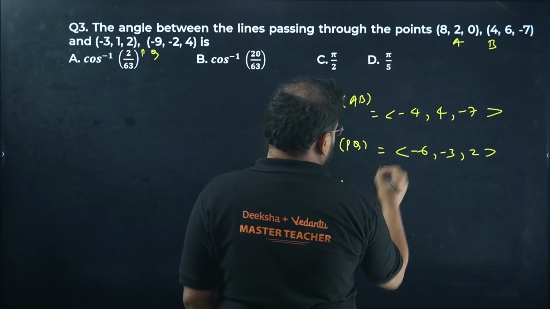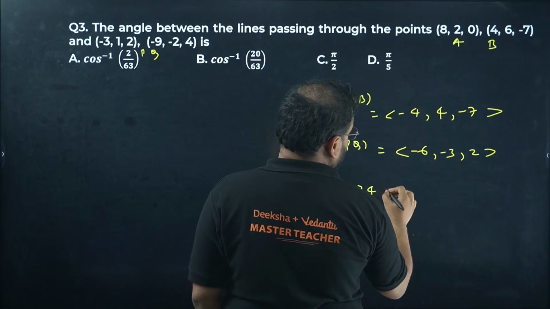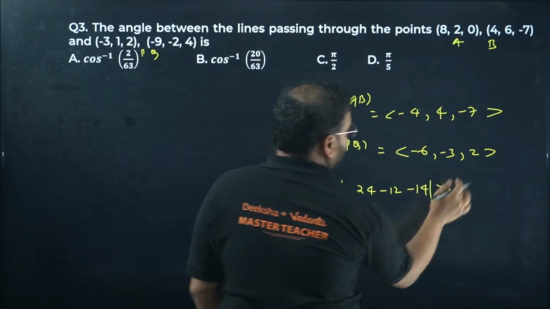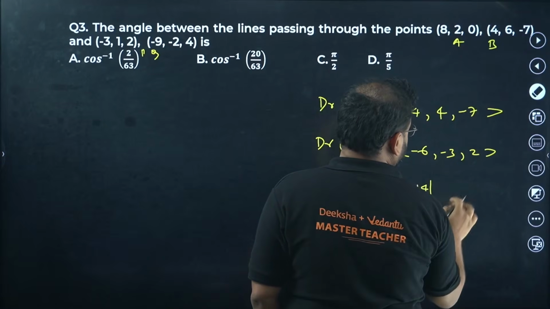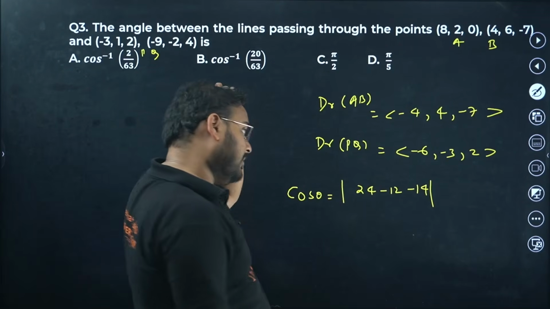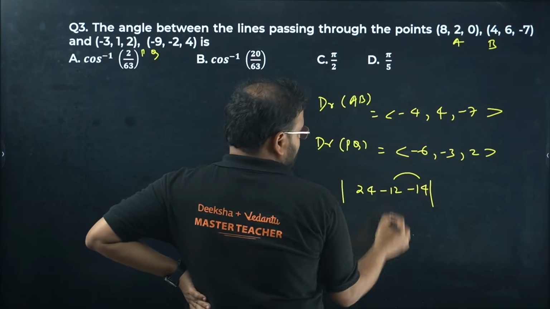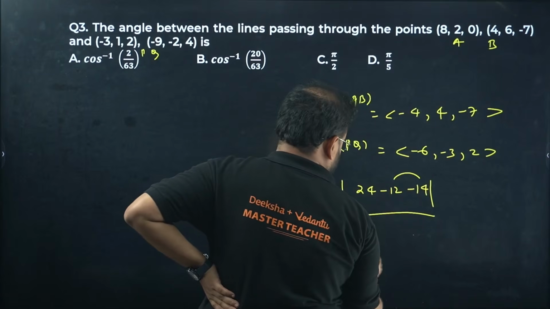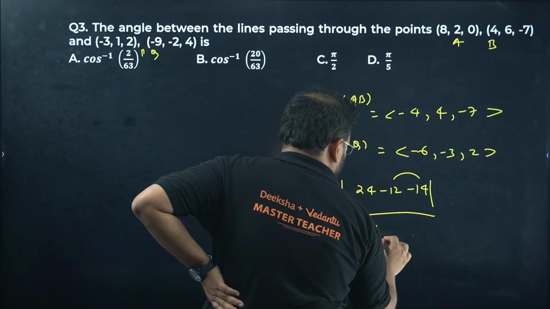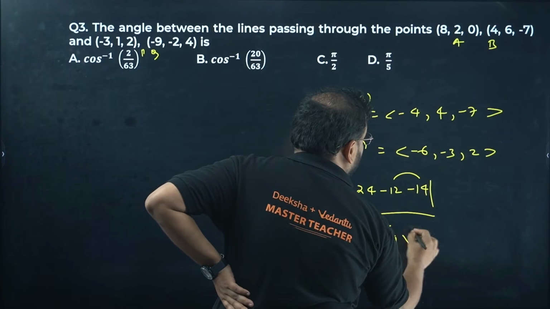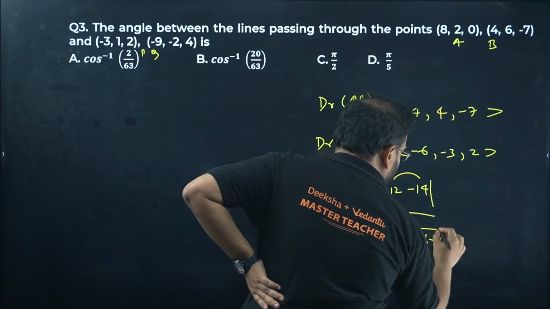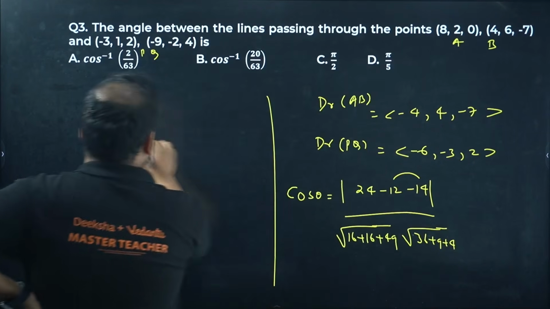Check. 24, minus 12 and minus 14, with the modulus. In the denominator, we have 16, 16 and 49, and over here 36, 9 and 4.